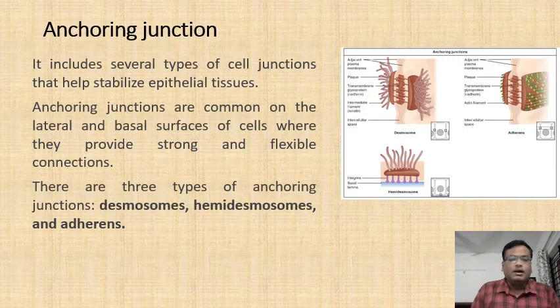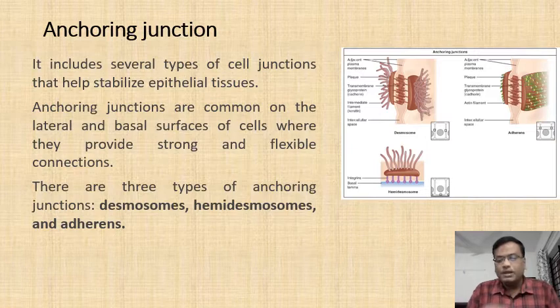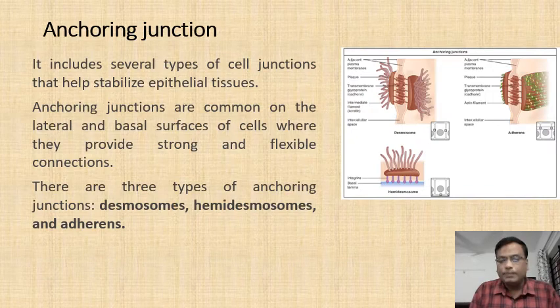Anchoring junctions are commonly on the lateral and basal surfaces of the cells, where they provide strong and flexible connections. Now you can imagine, in epithelial tissue there is no intercellular substance between the cells, and as a tissue, it must maintain its integrity, and that is possible by these anchoring junctions.